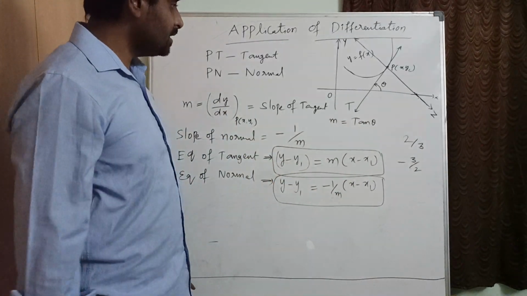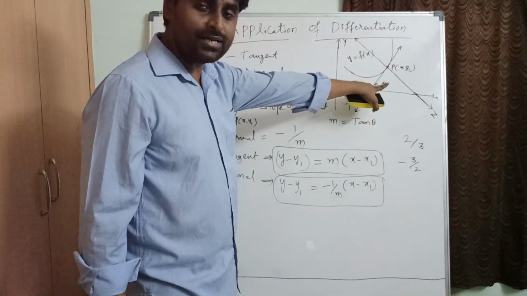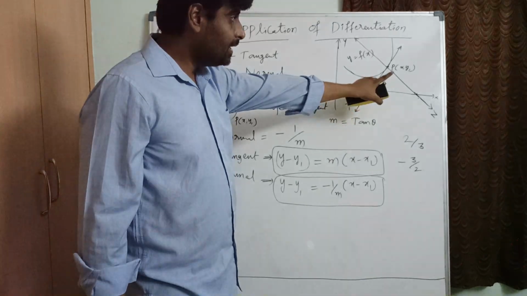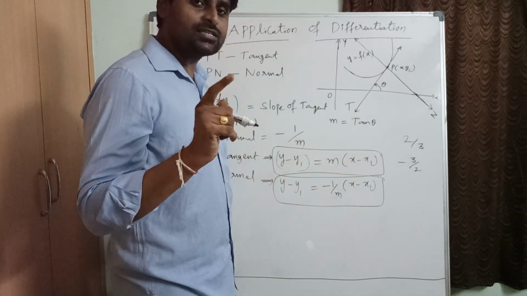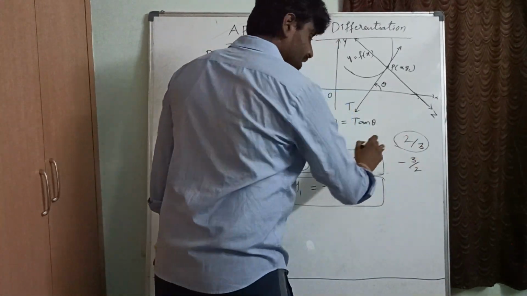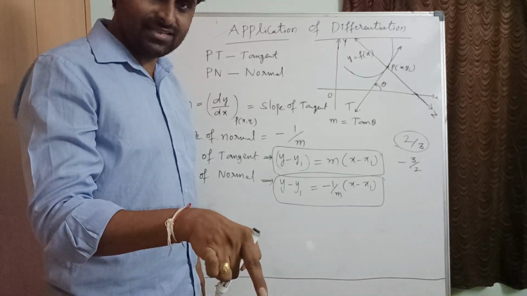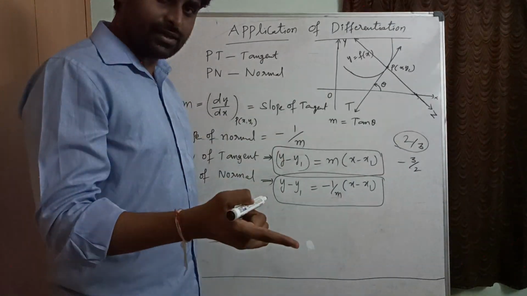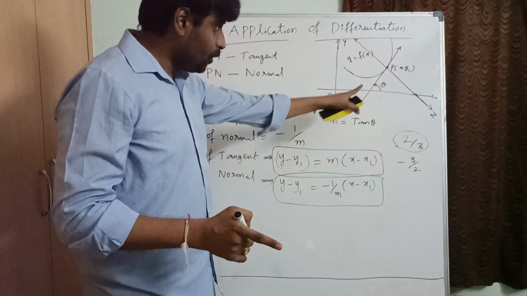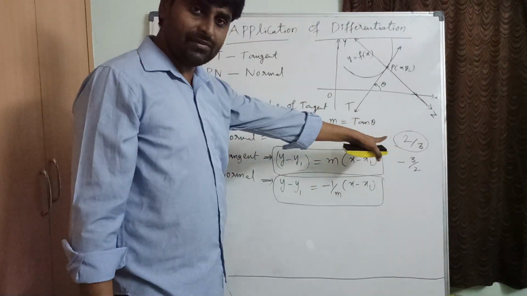And sometimes we'll be asked to find the point of contact also, points on the curve. Okay, in that case the slope must be given. For example, the slope is given as 2 by 3. Then find the points on the curve. The point is not given in this model question, we are going to find the point or points on the curve, but the slope must be given.